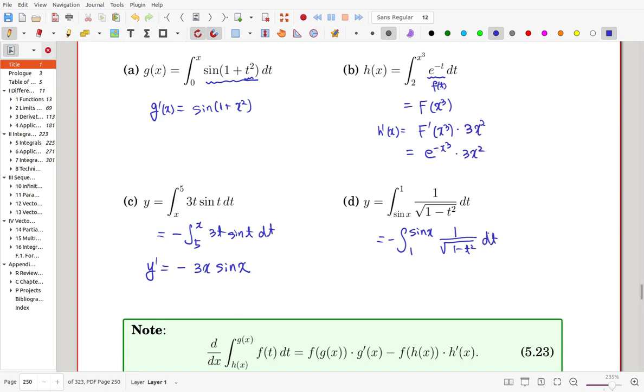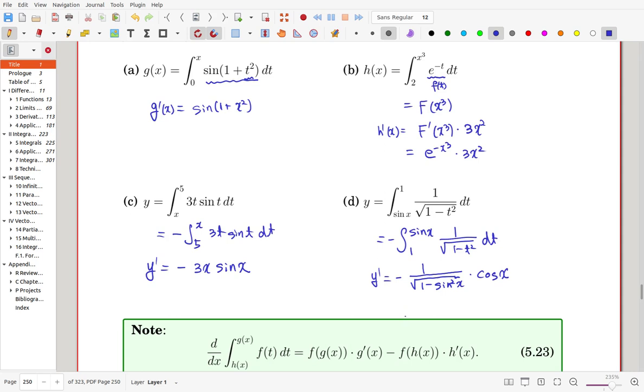Now, using the same technique, y prime equals minus, and t is replaced by sine x, giving 1 over the square root of 1 minus sine squared x, times the derivative of sine x, which is cosine x.